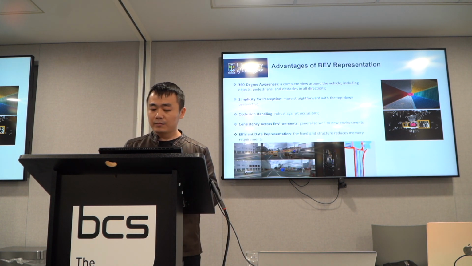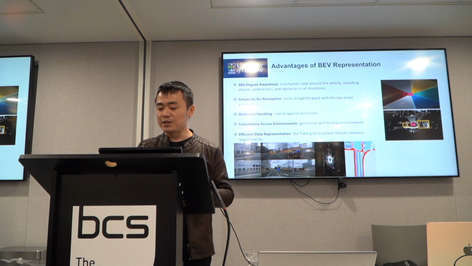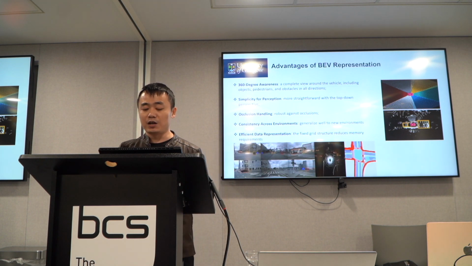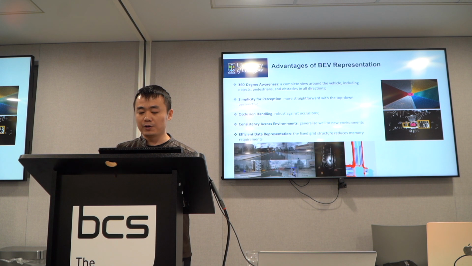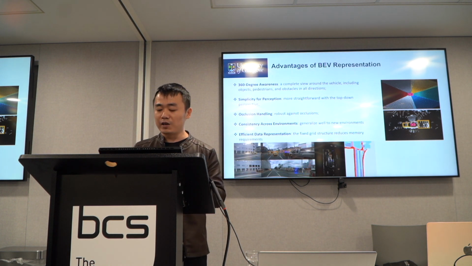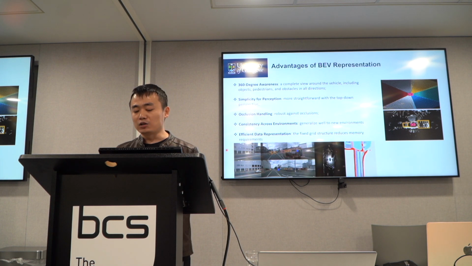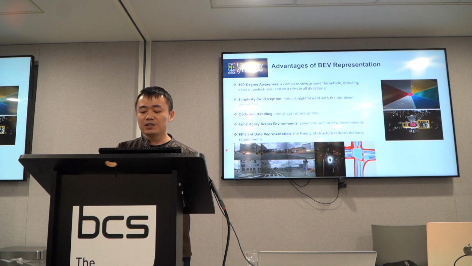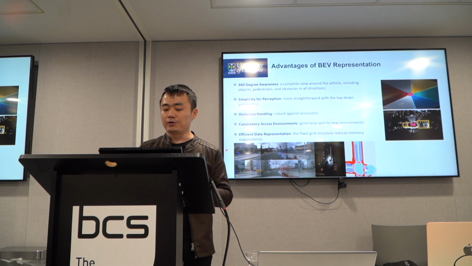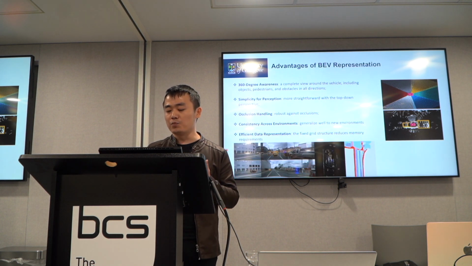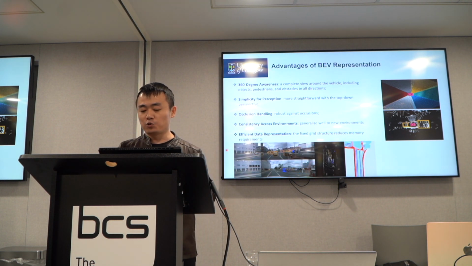The last thing we can talk about on the BEV representation is the efficient data structure. BEV representations are very efficient for storing and processing a large amount of sensor data, and this kind of fixed grid structure will reduce the memory requirement compared to volumetric representations.